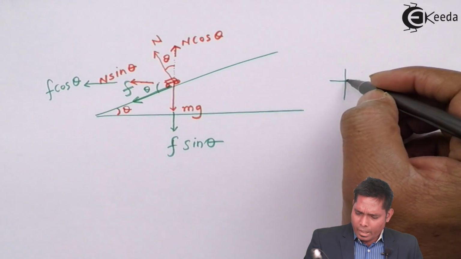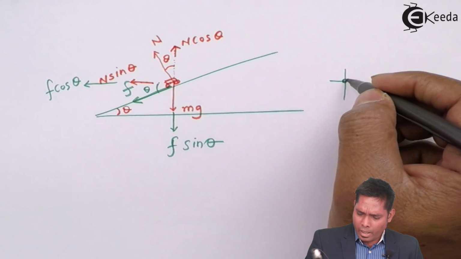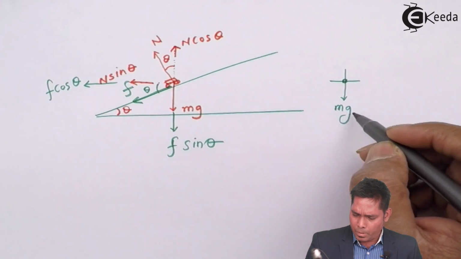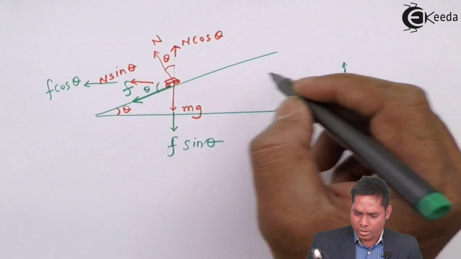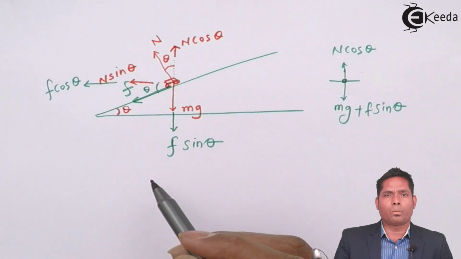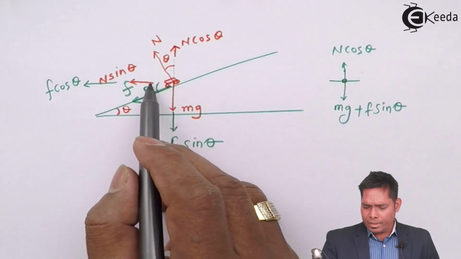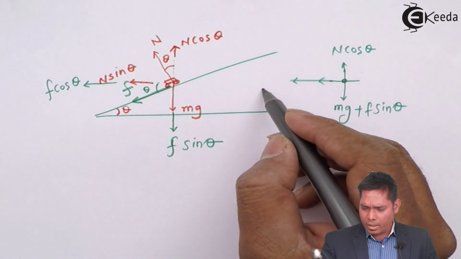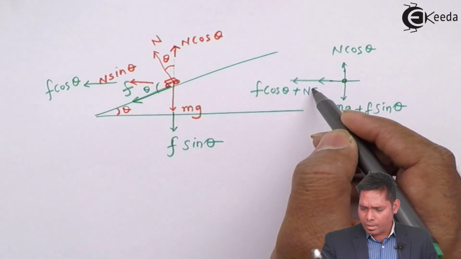Now, if this is the car, in the downward direction there are two forces, mg plus f sin theta, and in the upward direction I have n cos theta. In this horizontal direction I have two forces, f cos theta plus n sin theta.